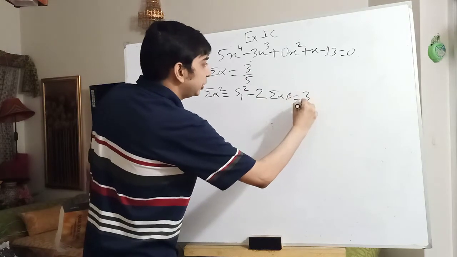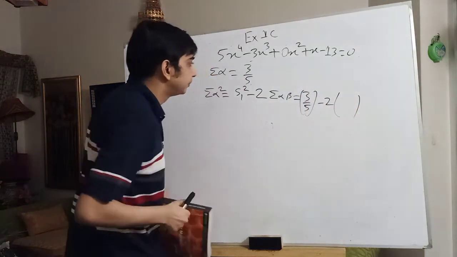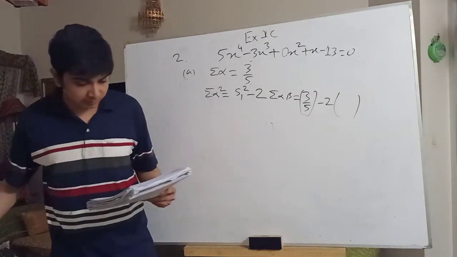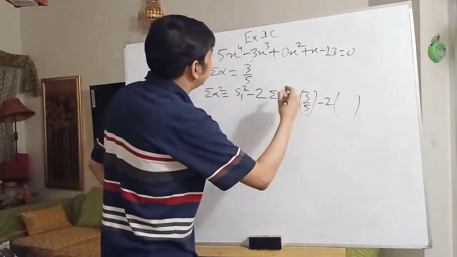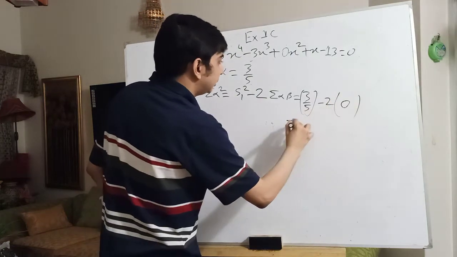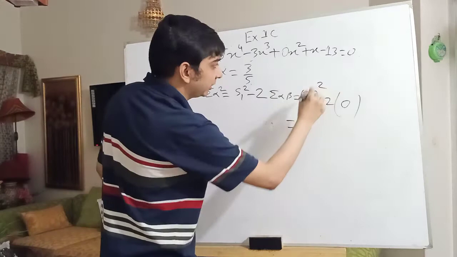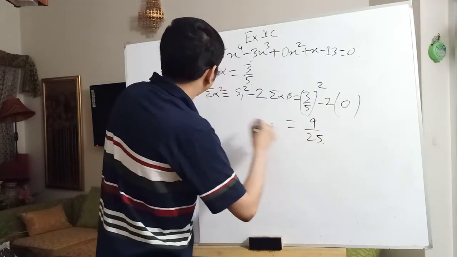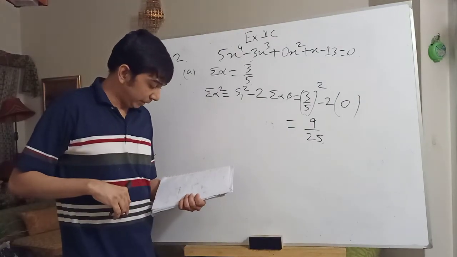So this is going to be 3 by 5 whole square minus 2 into summation of alpha beta. We have already done that: summation of alpha beta is going to be 0 by 5, so 0. So the answer is s1 whole square, 3 by 5 whole square, so the answer is 9 by 25. This is the value of summation alpha square.